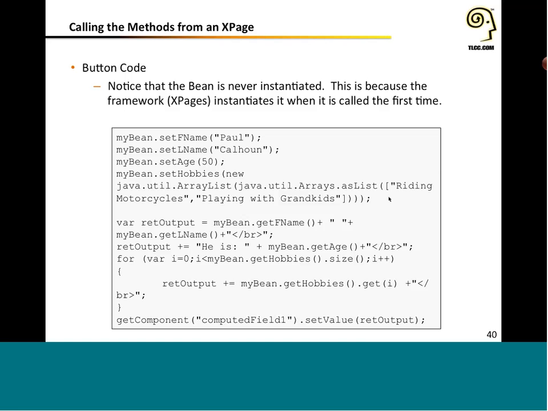And you want that to be something that maybe is not tied to a particular page. So you can have a starting page that instantiates your managed beans, and then those objects are available throughout the application as you go through the different XPages within that application.